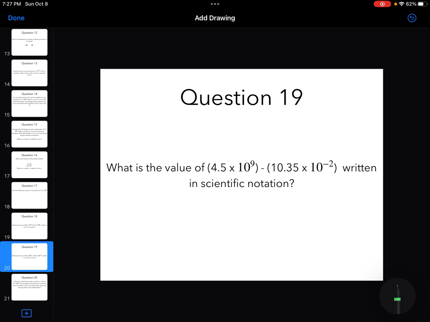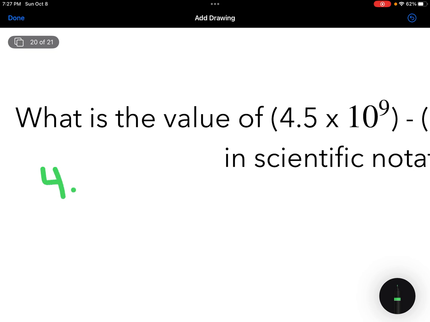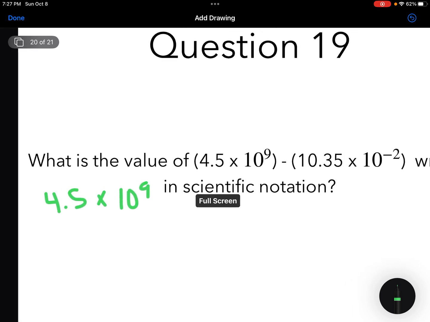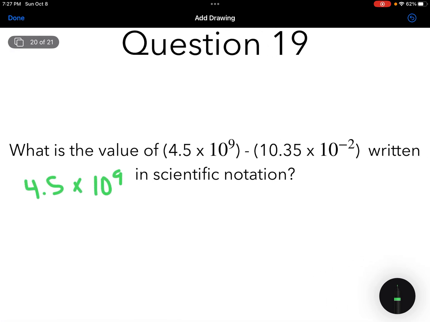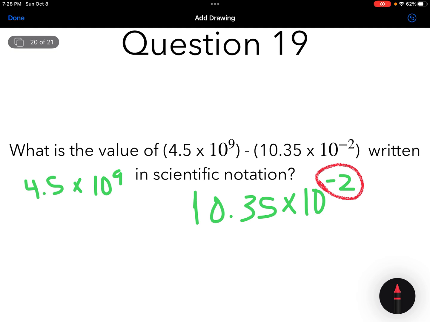All right, they want us to subtract these. So I have 4.5 times 10 to the 9th, and then 10.35 times 10 to the negative 2. I have to change the negative 2 into ninths. So I've got to think, how many jumps are we talking about?